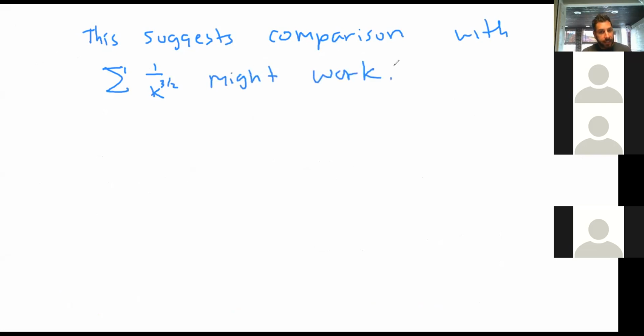Might work. Notice I didn't say it will work. I said it might work. So this is my scratch work I'm doing.